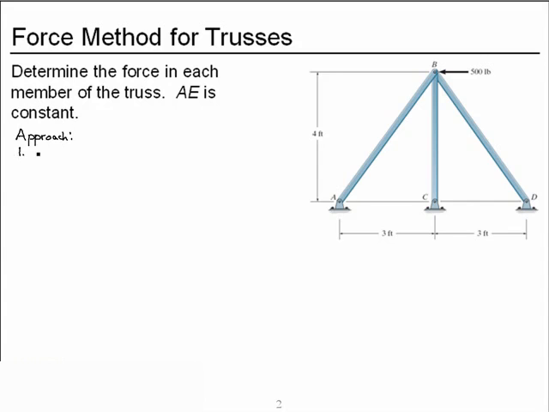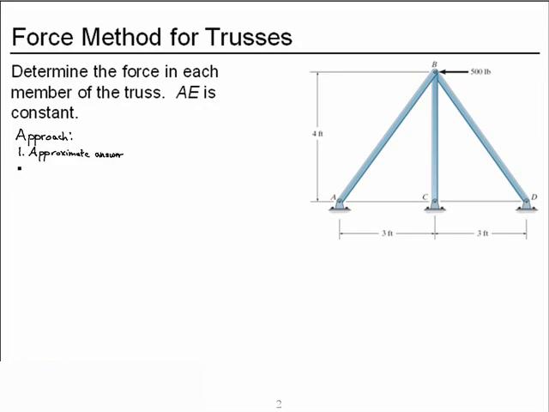We'll want to start by generating an approximate answer, because after performing lengthy calculations to apply the force method, we're going to want to have some way of establishing whether we have a reasonable result.